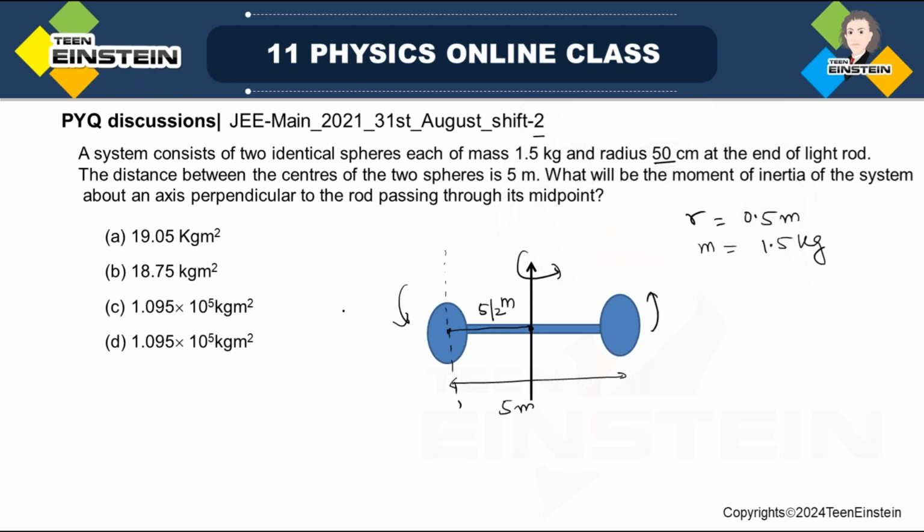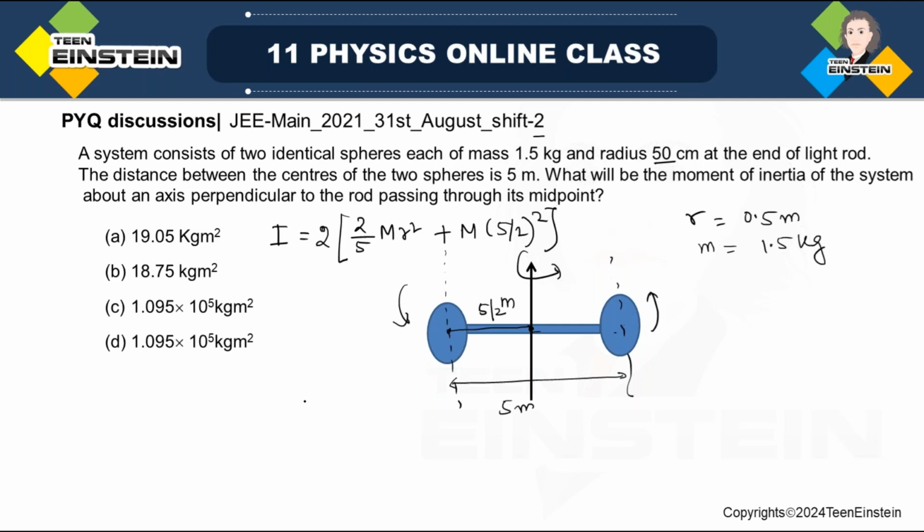Since the spheres are identical, I'll apply the parallel axis theorem for both, and just multiply by 2: 2 into, moment of inertia about diameter 2/5 m r square, plus m into (5/2) square. So this will be the moment of inertia.